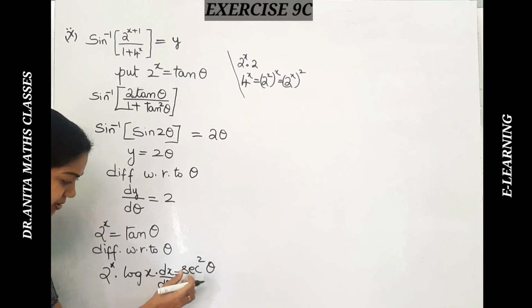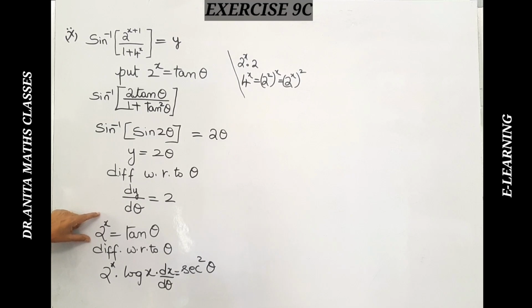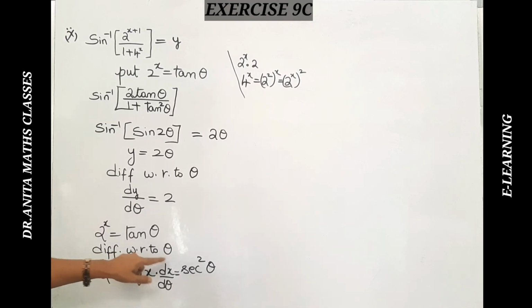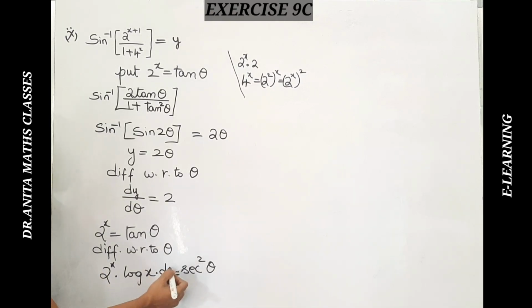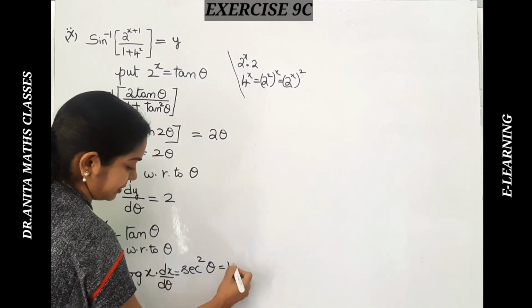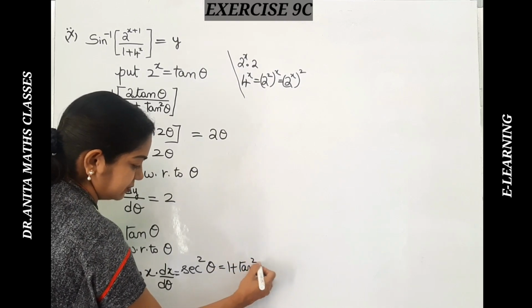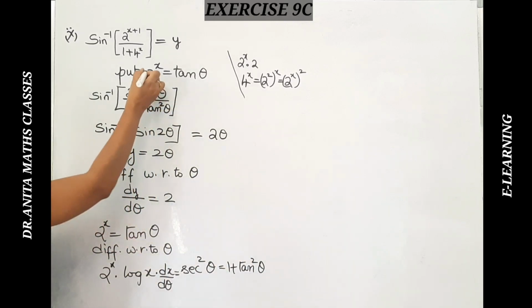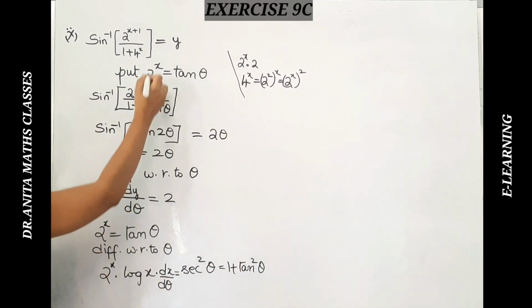So this is equal to secant square theta. Here the function is in x. I am doing the derivative with respect to theta, that is dx by d theta. So 2 raised to the power of x log 2, again with the chain rule dx by d theta, is equal to secant square theta. I can write secant square theta as 1 plus tan square theta, a standard identity we know, because tan I have in the form of 2 raised to the power of x.